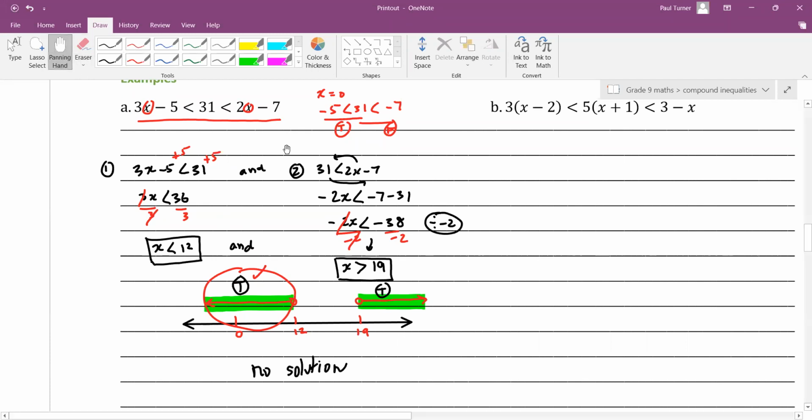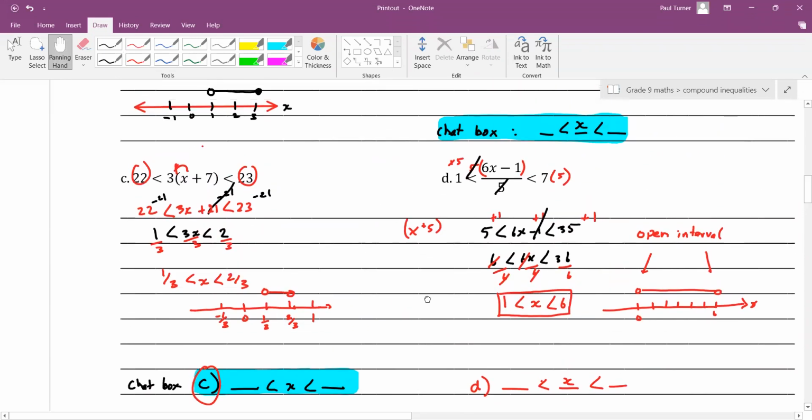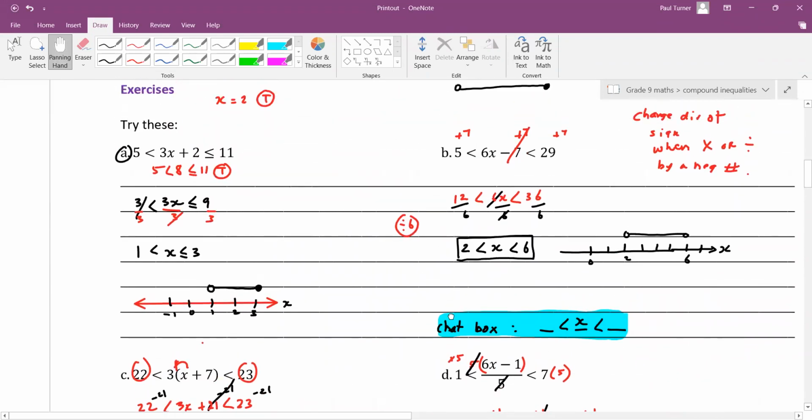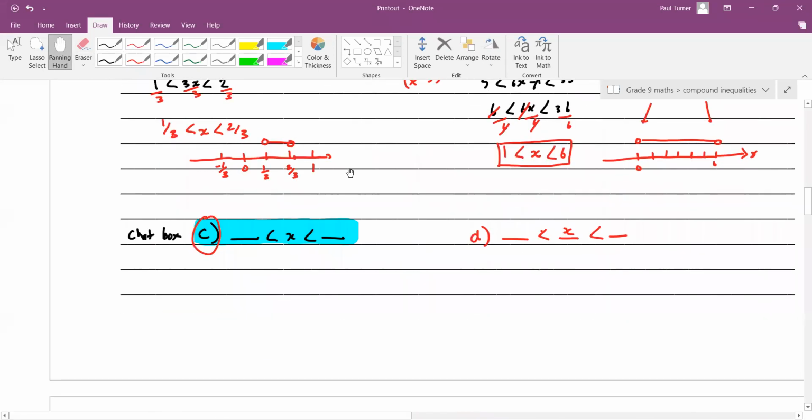If you go back to our earlier question, where we have two lines, you see this here where the lines overlap? The two lines cross over. But when we just did that question, they don't overlap anywhere.